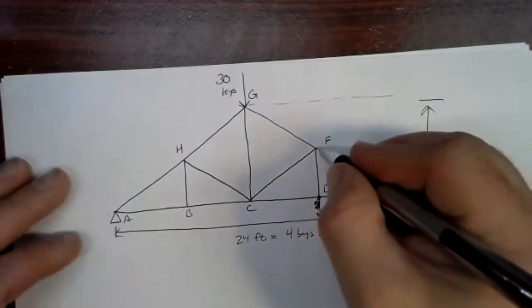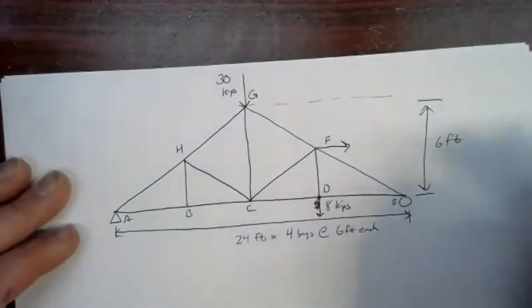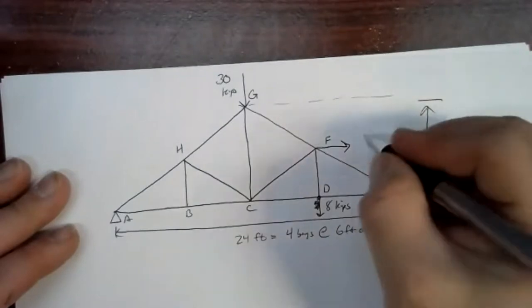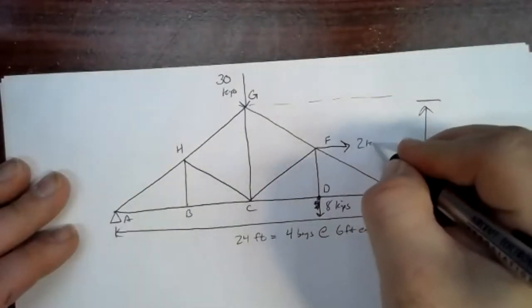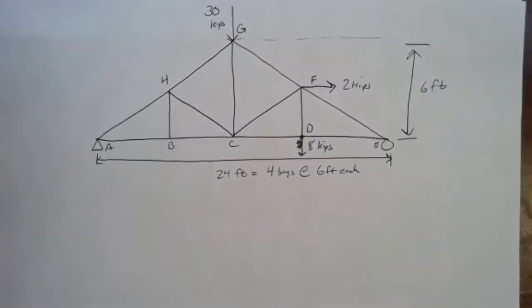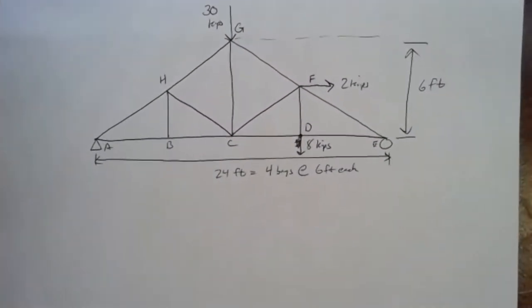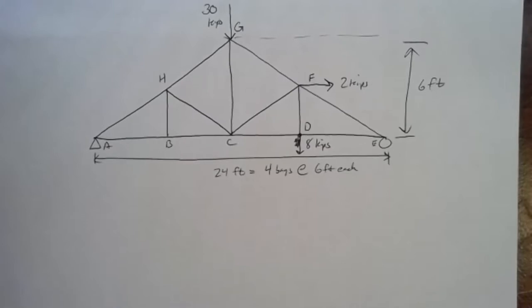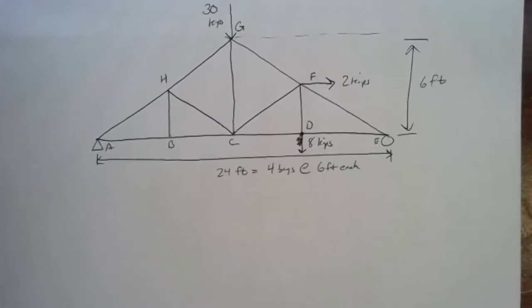And maybe we'll add a wind load in here too. So we'll put a wind load at F at 2 kips, just to make it fun. So there we go. There's the truss. I'll give you a second to copy that down, as you might need to, while I take a drink.